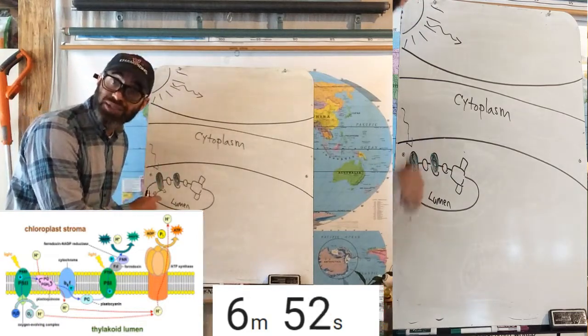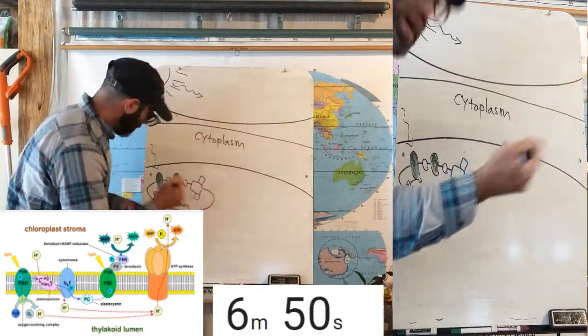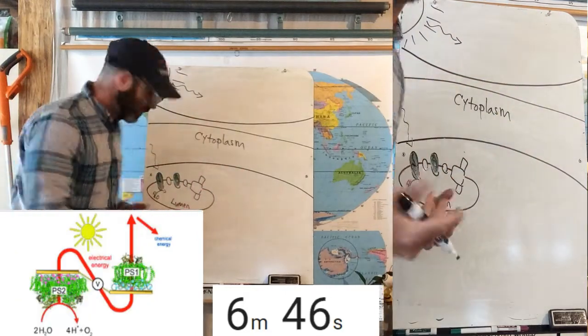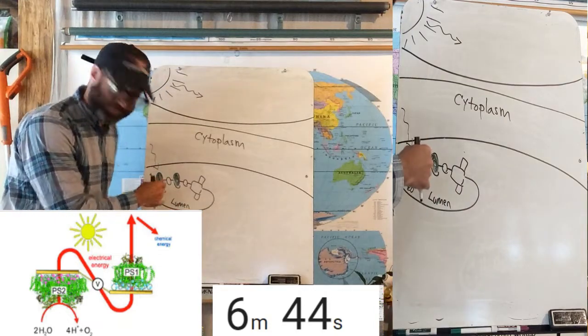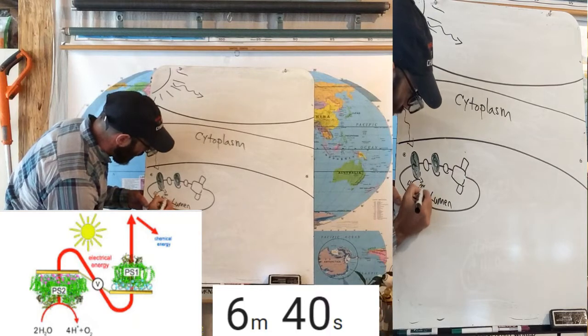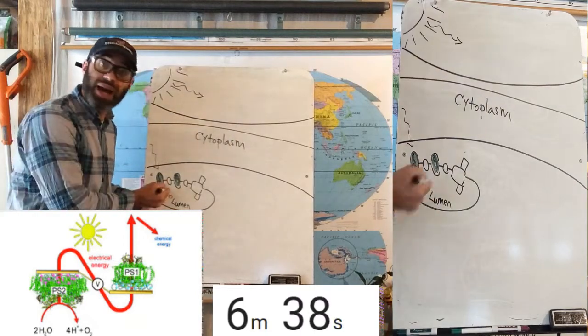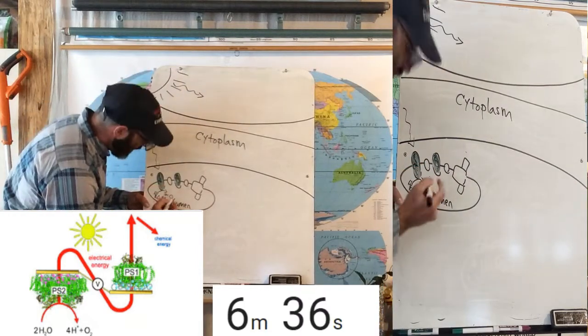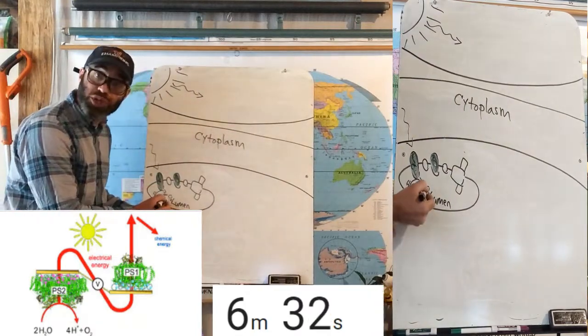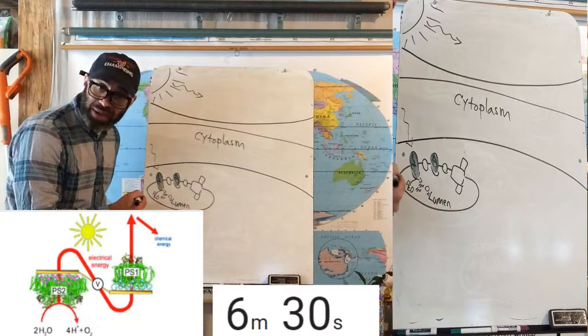When water breaks, it releases an electron. This is what chlorophyll does. It releases an electron. Now we have 2 hydrogens and an oxygen. That oxygen is not going to sit there by itself. It is going to bind with another oxygen and become O2, and then it's going to go bye-bye.